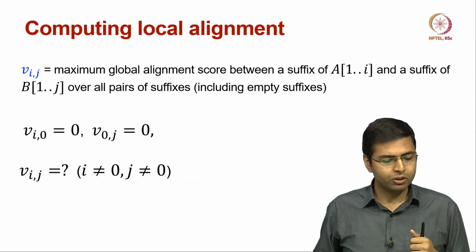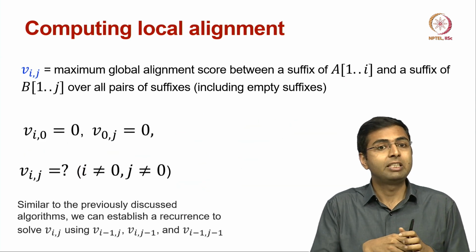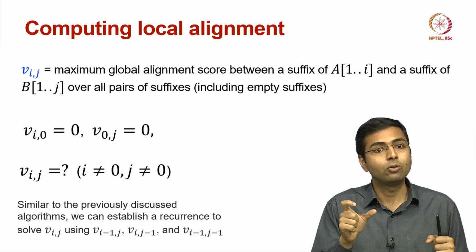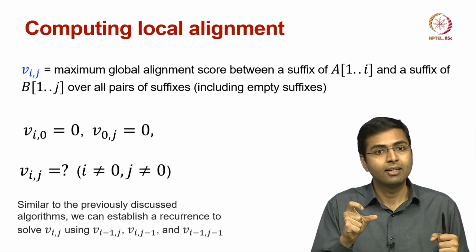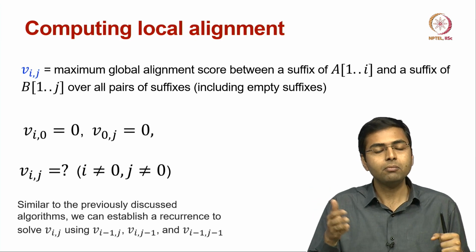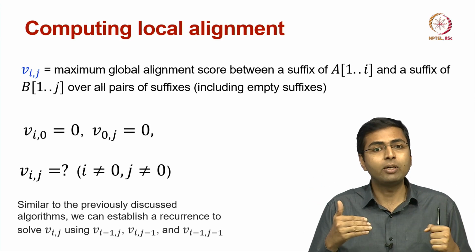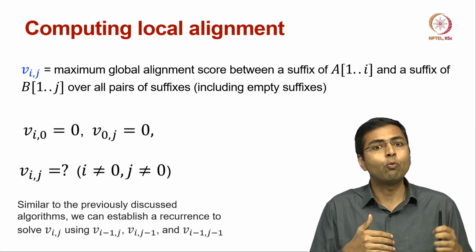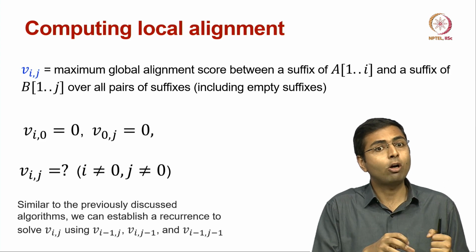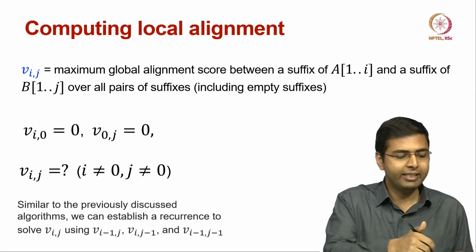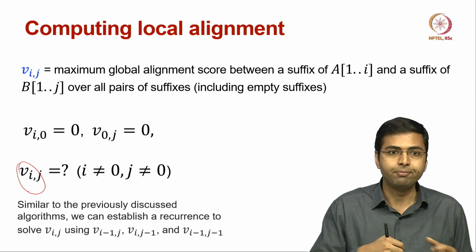So a clever approach would be that, similar to our previous algorithms, we will try to establish a recurrence between Vij, Vi-1,j, Vi,j-1 and Vi-1,j-1. This logic is very similar to what we have discussed before. Using this recursion we will be able to solve these Vij's more efficiently.